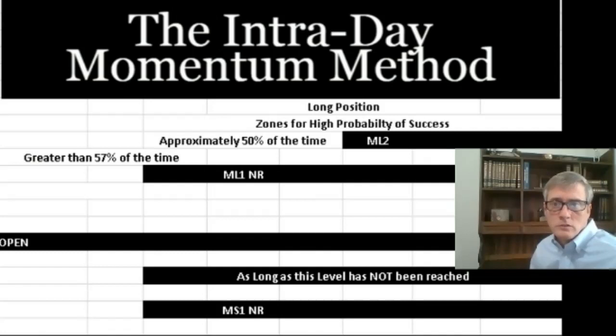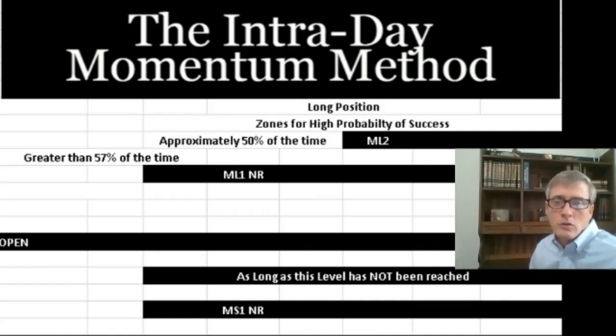So we're going to talk about just the long positions at this time. If the stock does not move halfway between the open and the MS1, we have historically a close above the ML1 57% of the time. That is because these were not intraday reversals.